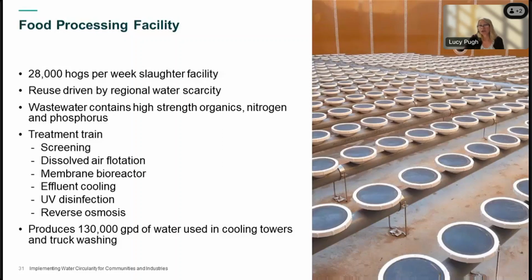So they installed a completely new wastewater treatment facility that included screening and dissolved air flotation, a membrane bioreactor to address the nutrients and the organics in that wastewater discharge. They had effluent cooling for the portion of the wastewater that was discharged to surface water, UV disinfection, and then a reverse osmosis process that allowed them to recover 130,000 gallons per day of water that they use in their cooling towers, and they also use it for truck washing.